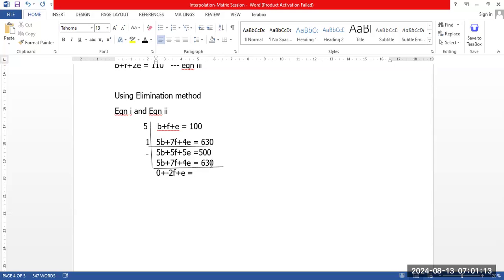Negative 130. So this implies that negative 2F plus E, which is equal to negative 130, is my equation 4. Okay, that is my equation 4.